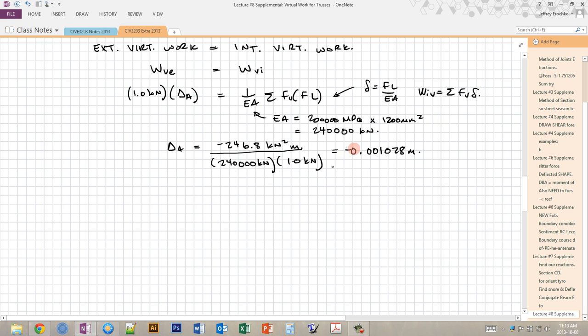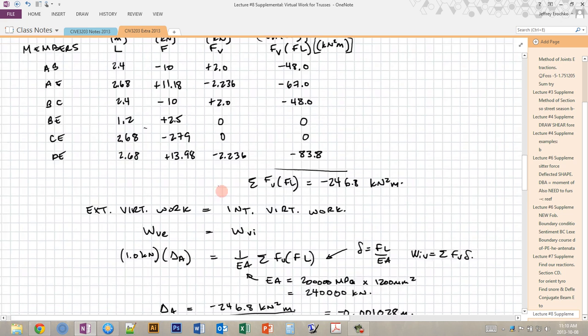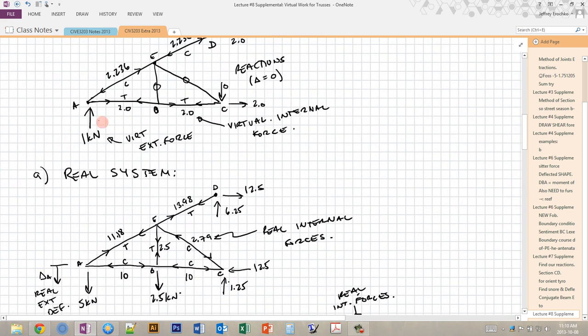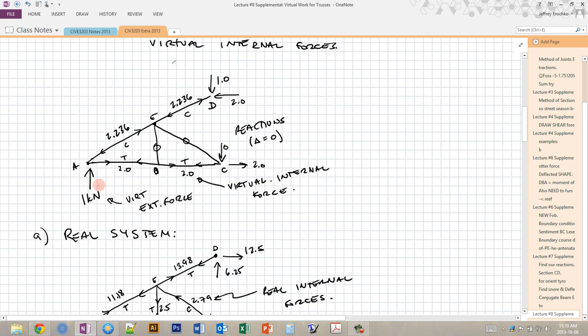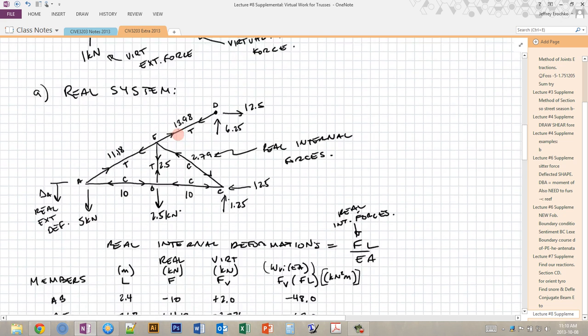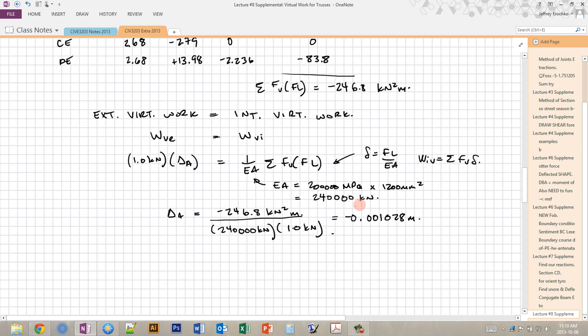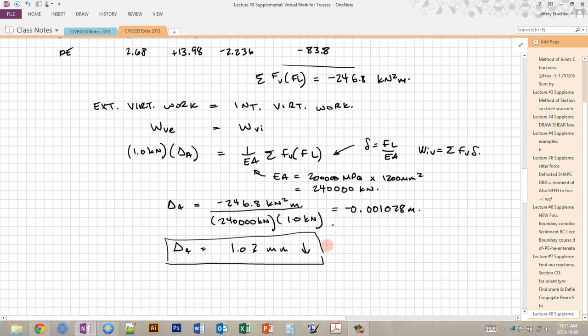Okay, and this negative means that the deflection is opposite of the direction that we drew our unit load on the virtual force diagram. So we drew this as up, so since we got a negative answer, that means that it's going down, so we can say that delta A is equal to 1.03 millimeters in the downward direction. And that's all there is to it to find the deflection at A due to the loads on the truss.